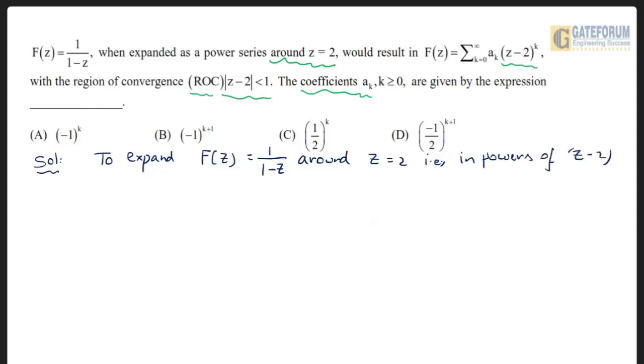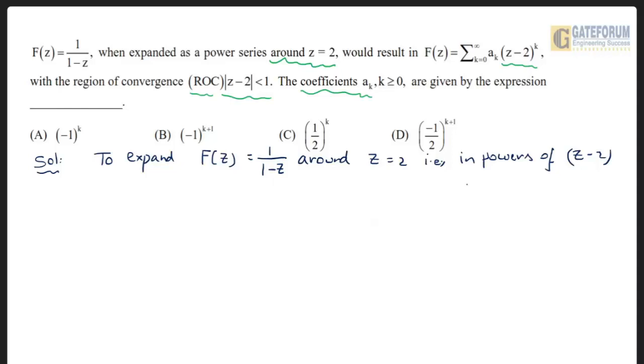We can go by the substitution method also. Or we can rearrange the terms of the denominator to get in terms of z minus 2, by just adding minus 2 plus 2, then finally comparing with 1 minus z whole power minus 1, the standard Maclaurin series expansion, you will be getting the answer.